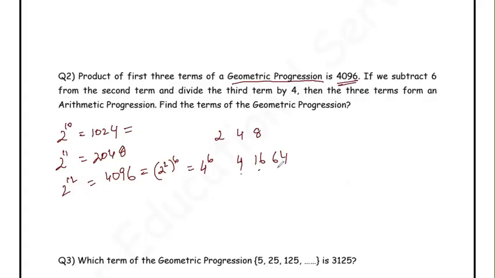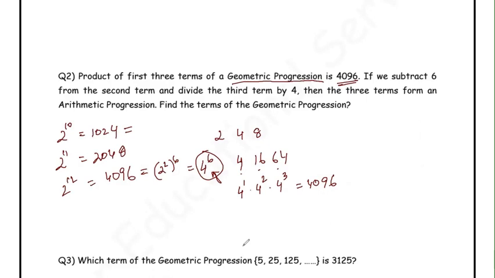If I am multiplying them, then this is 4 to the power 1, 4 squared, and 4 to the power 3. And 3 plus 2 plus 1 is 4 to the power 6. So that's one way to get to your answer, that if I multiply them, it gives me 4096. You add up the powers to represent 4 to the power 6.